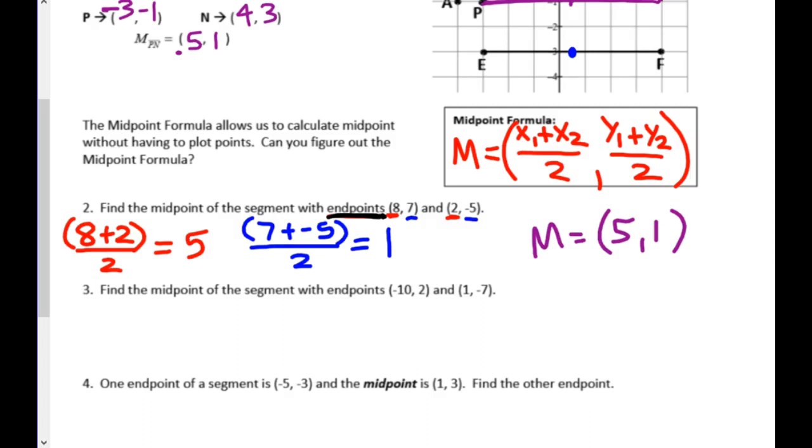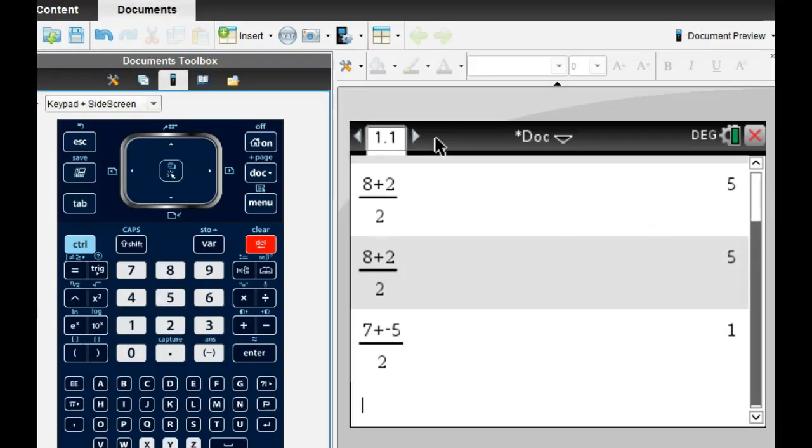Number 3. So, what are my x values? Negative 10 and 1. So parentheses, negative 10 plus 1 divided by 2. Now, if you type it in the calculator, it's going to give you a fraction. So let's try this together. Negative 10 plus 1 divided by 2.